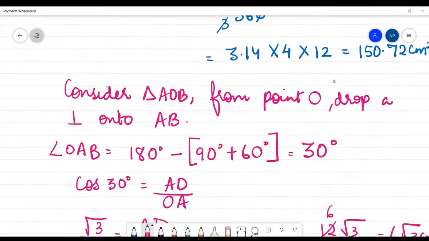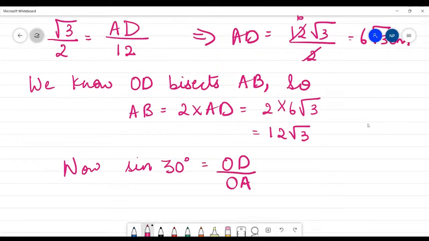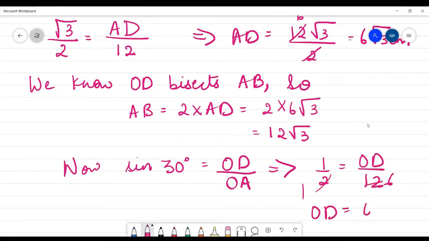So with the help of this, we will be able to find the length of the side. Sine 30 degree is written as 1 by 2 and OD upon OA is OD upon 12. So 2 ones are 2, 2 sixes are 12, OD we get as 6 centimeter.